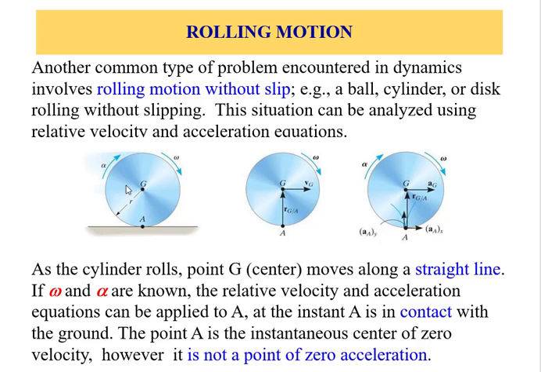That's going to give us a velocity vG, and vG is simply going to be omega r i.